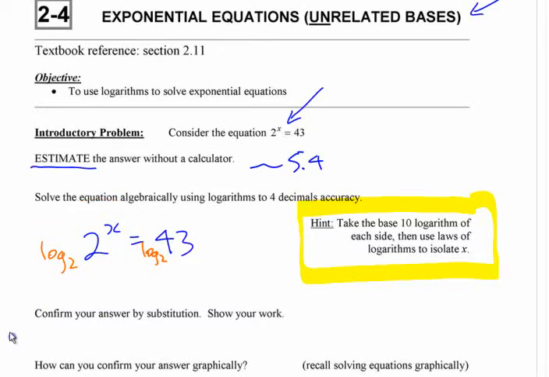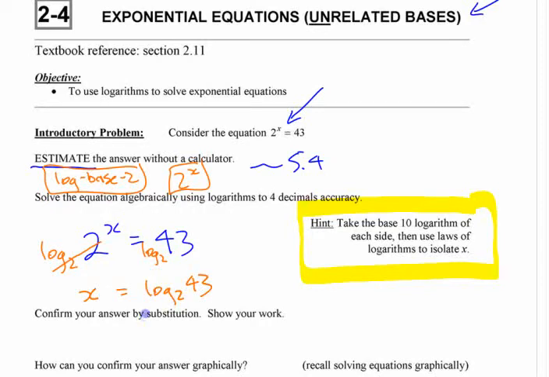Log base 2 of 2 to the power of, that's like this button. Log base 2, if you had that button, and this button, 2 to the power of, anti-log base 2. You don't have either of those buttons, but they are inverses, those two functions. All you would have here is x equals log base 2 of 43.